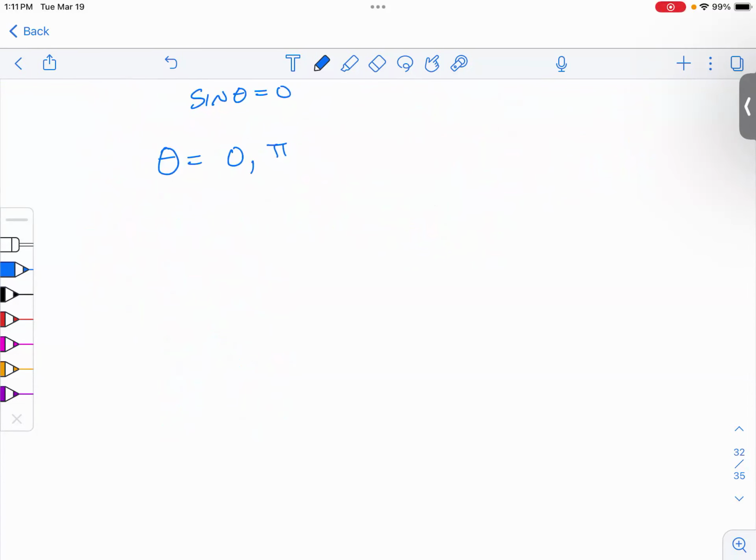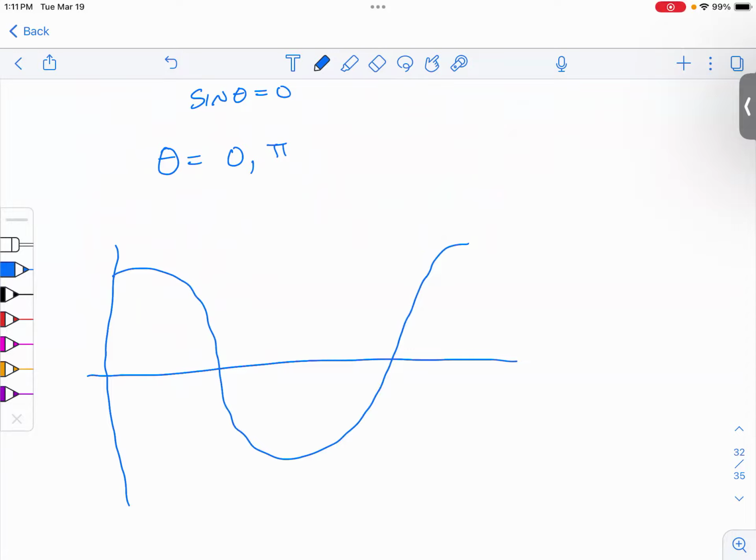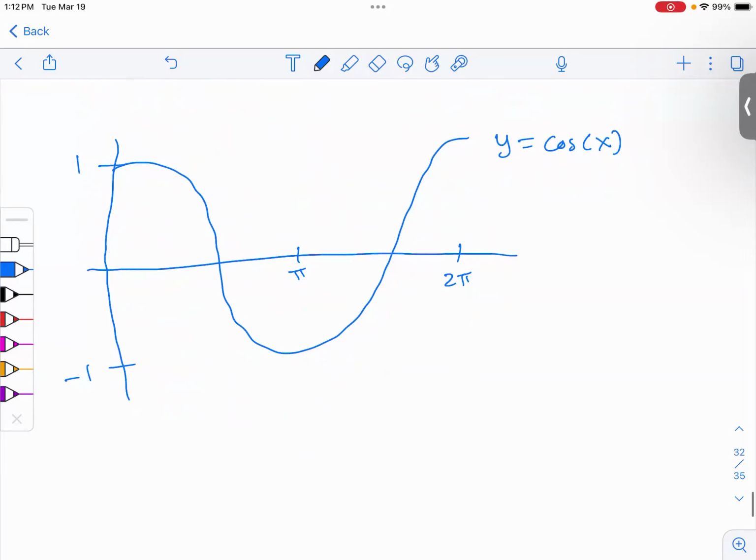This one then, we also are lucky enough, we get to look at the cosine graph. And we're doing the same thing here. Cosine theta equals 0.